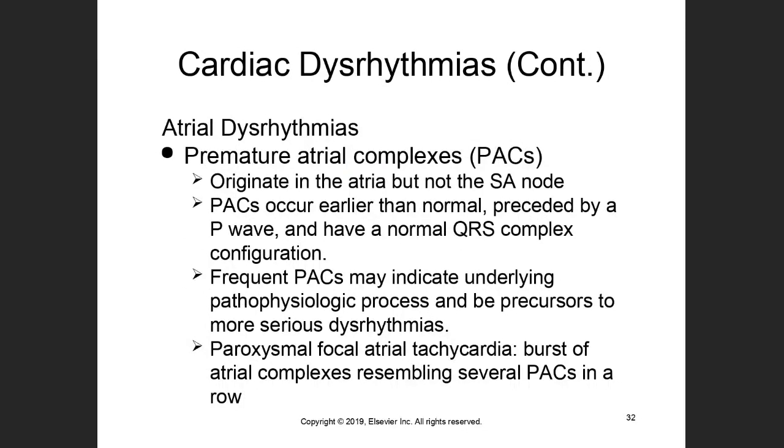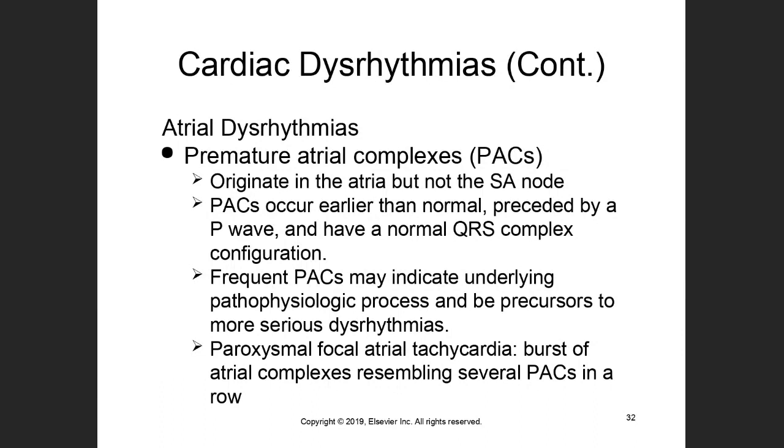Atrial dysrhythmia: premature atrial complex originates in the atrium but not the SA node. Remember that the SA node is in the right atrium. PACs occur earlier than normal, are preceded by a P wave, and have a normal QRS complex configuration.